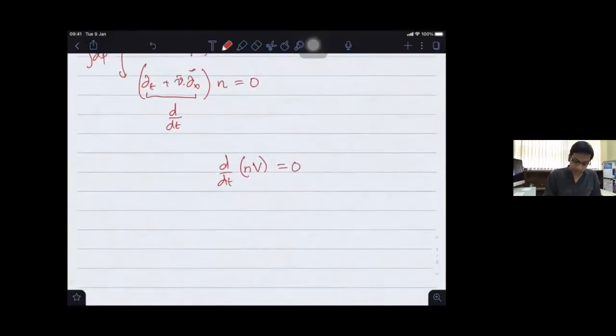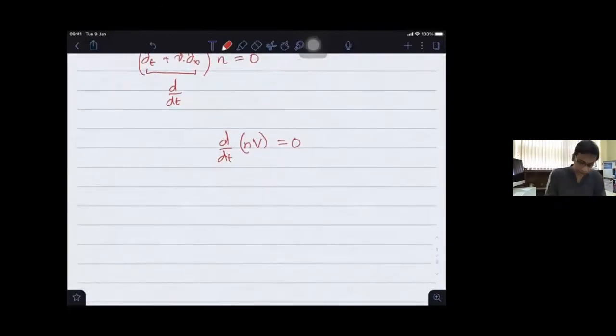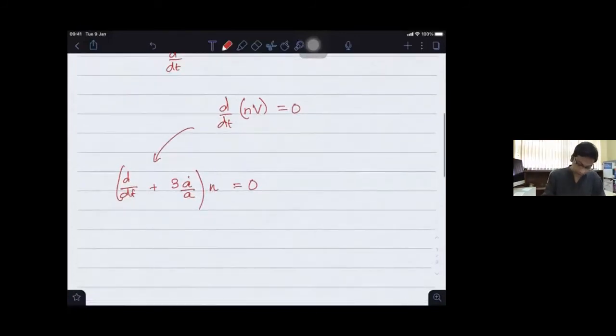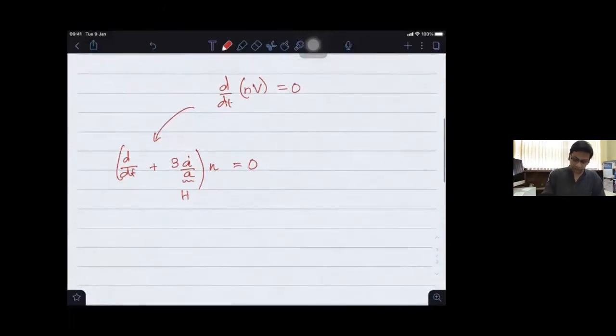And in the expanding universe, this equation basically boils down to d by dt plus 3 times a dot by a, where a is the scale factor in FRW, which you can write very easily as the Hubble rate. There are various ways of doing it.